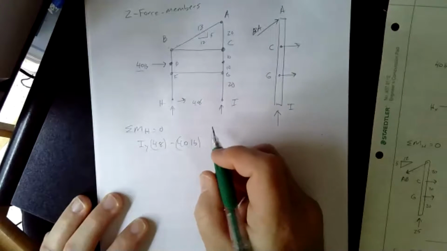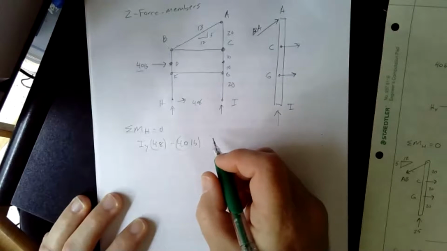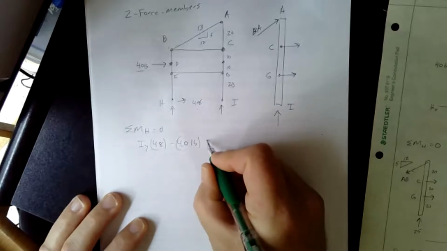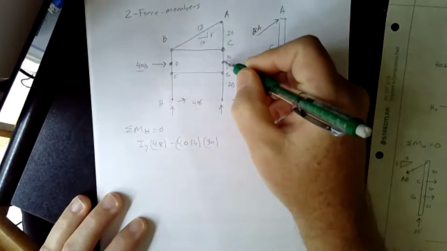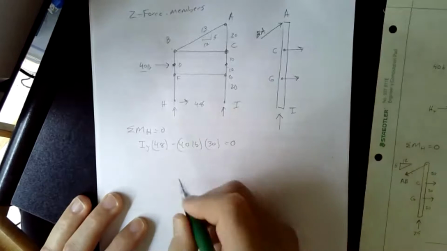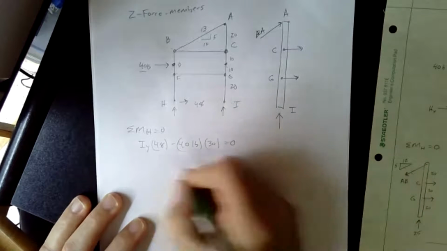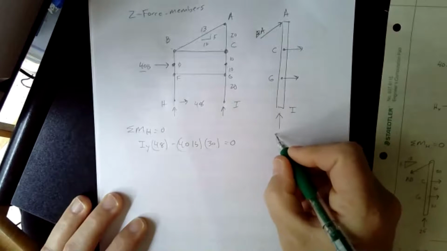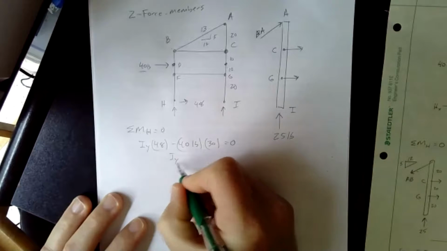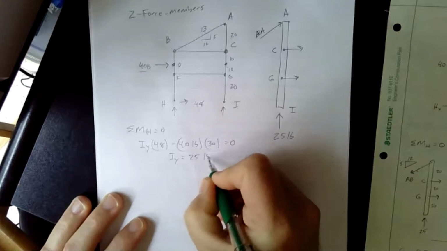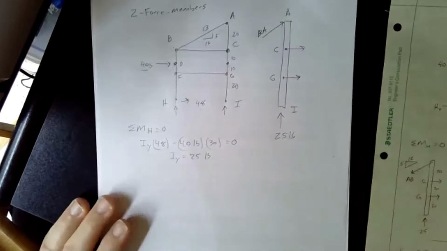And that's going to be times the distance of what? Of 30 inches, because we're told it's halfway between 20 and 10. And that equals 0. So we end up with IY equal to 25 pounds. So IY, sorry, I'm jumping around, is 25 pounds, nothing else.